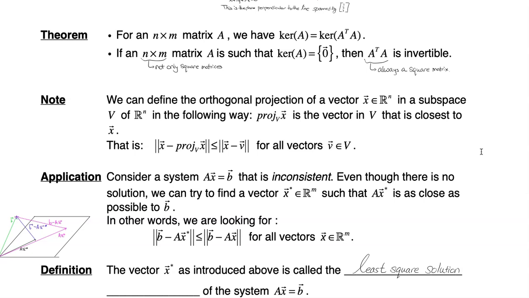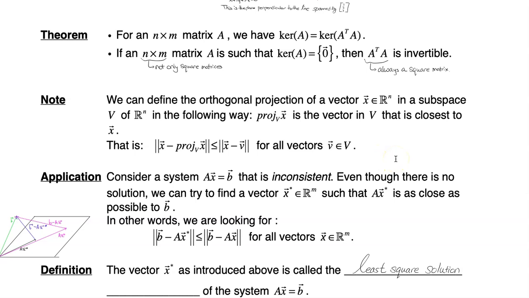The projection is the vector, projection V, such that the vector here in blue is the shortest among all possible vectors in the subspace V. In Nico's drawing here, we can see that the blue vector is shorter than the purple vector here. So we will define the projection of a vector b as the black vector such that when we look at the connection between the tips, it is as short as possible.